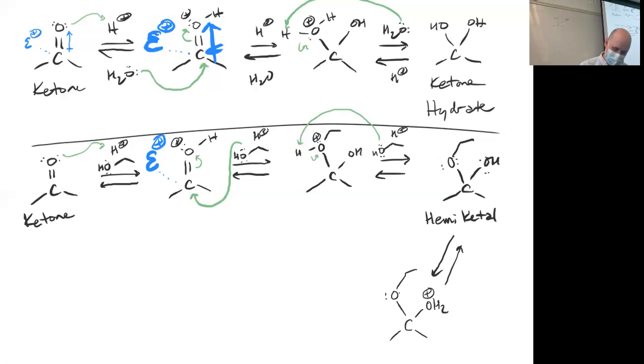All right, so we're still in the presence of our alcohol and our acid. And we're going to protonate that oxygen right there of the OH. And that would turn it into an OH2+.